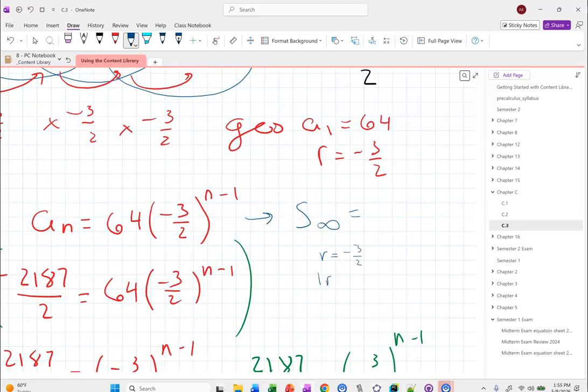Is the absolute value of r greater than or equal to 1? Yes, right? What's the absolute value of 3 over 2? 1.5, right? So it's divergent, and you're done. There's nothing to do. That's all the work you need to show. You just need to check the r value. If you can do the sum, you plug it into the formula. If you can't, you're done. It's very nice because you don't need an n.